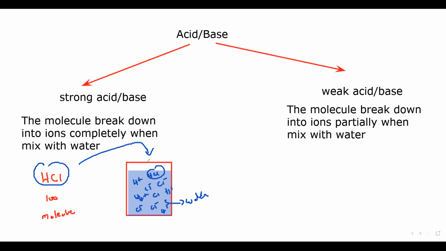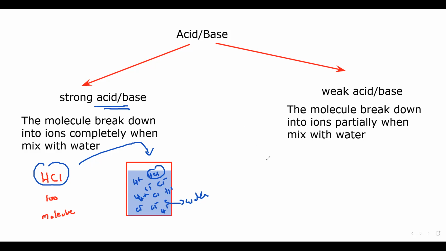So if most of the molecules break down into ions when they dissolve in water, we call that acid a strong acid. But what is the meaning of weak acid or weak base?